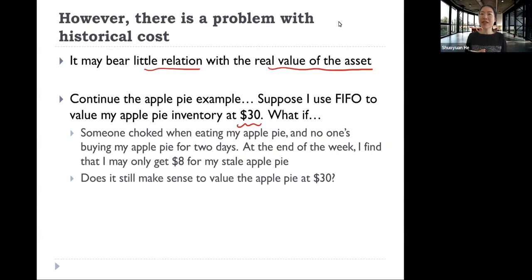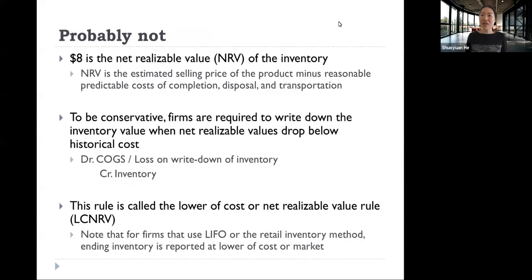So does it still make sense to value my apple pie at $30 now? Even though the cost of my ending inventory is $30, due to some reasons, if I'm really going to sell it, I'm only going to get $8. Is it still sensible to value it at $30? Probably not, right?